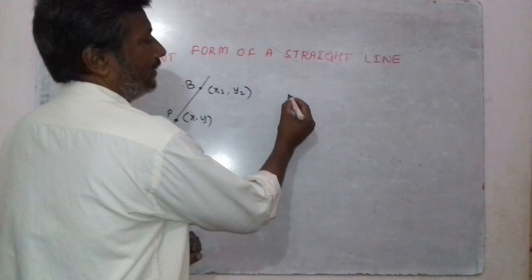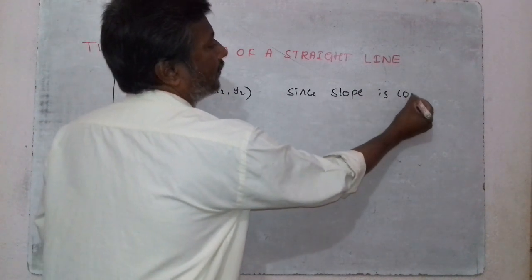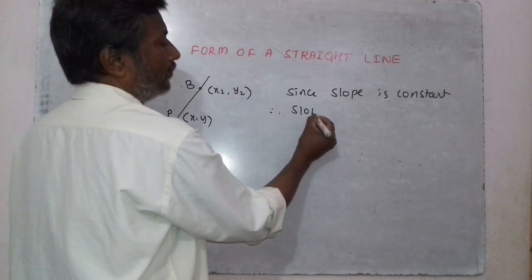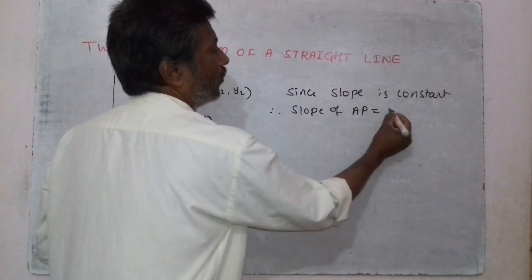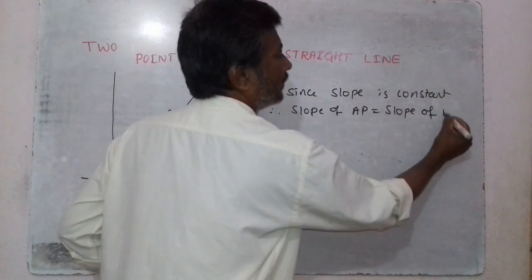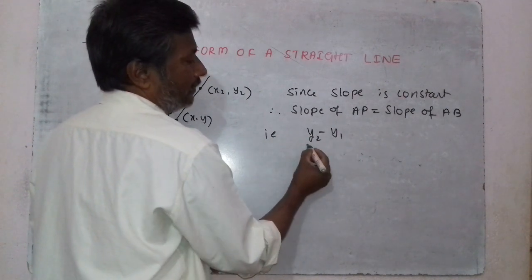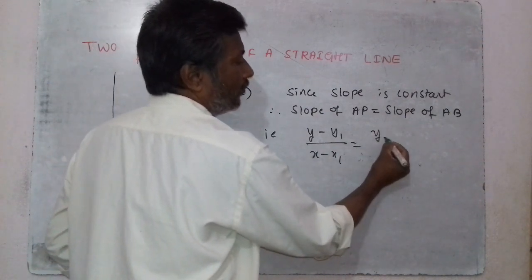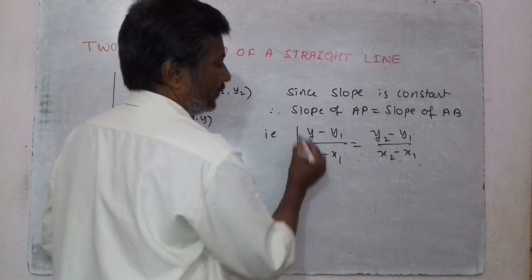Since the slope is constant, therefore the slope of AP is equal to the slope of AB, that is, (y minus y1) divided by (x minus x1) equals (y2 minus y1) divided by (x2 minus x1).